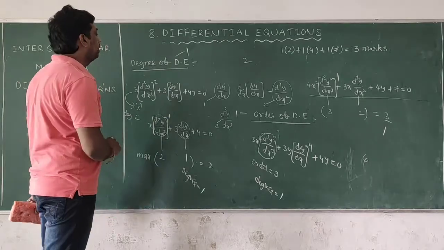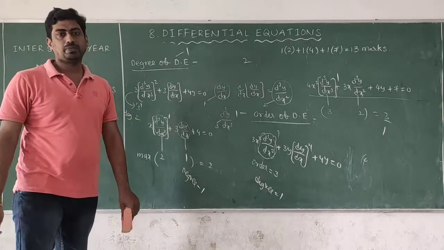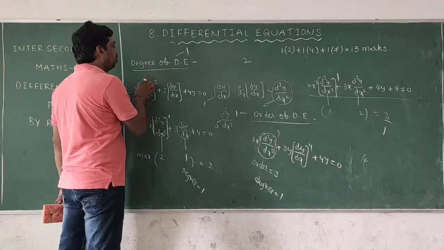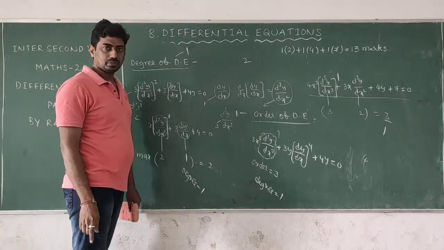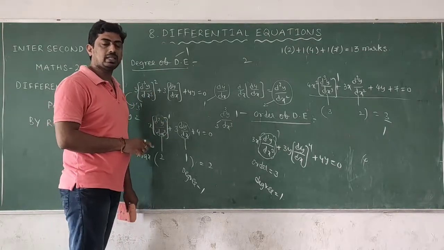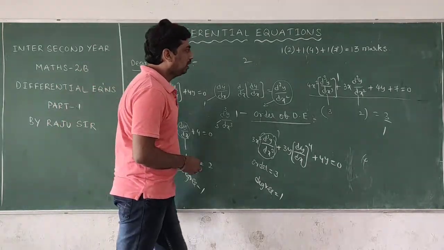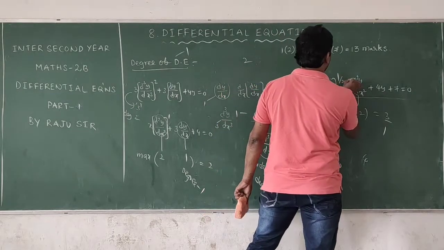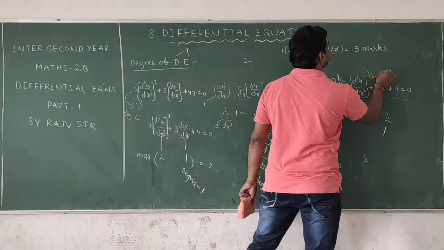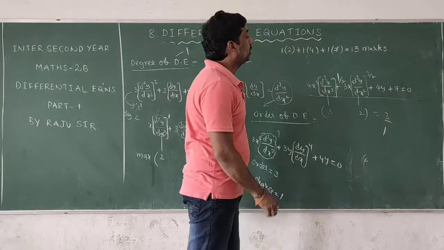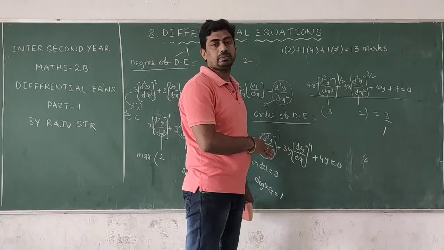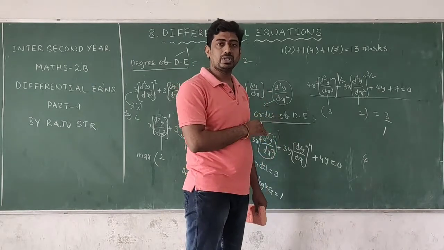Right. Here some conditions are there. What is the condition? Whenever we write the degree of a differential equation, we must simplify the differential equation. That means if in the given equation we have fractional powers like 1 by 2 or 3 by 2, in these cases we do not directly state the degree.